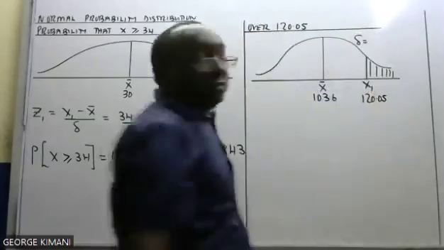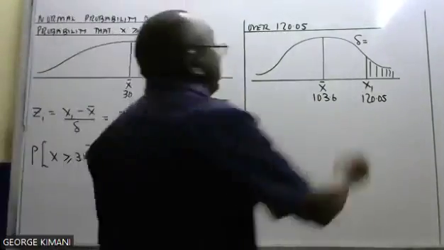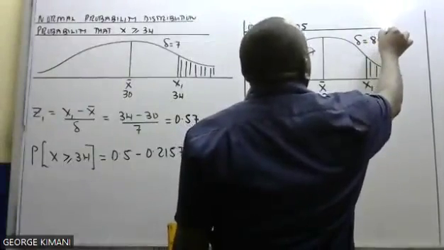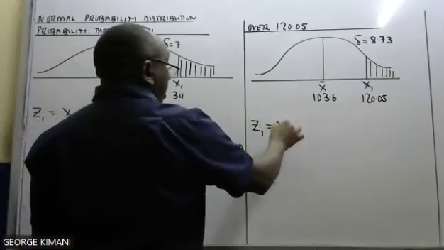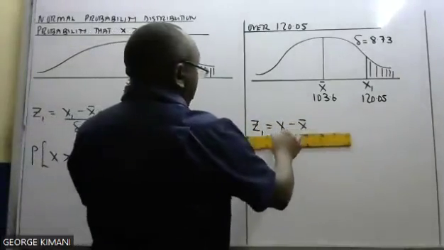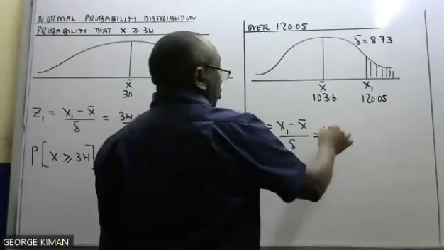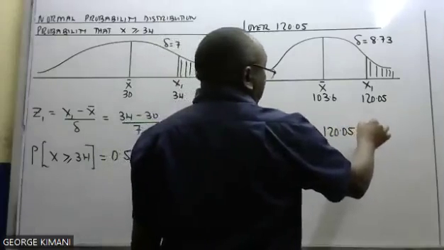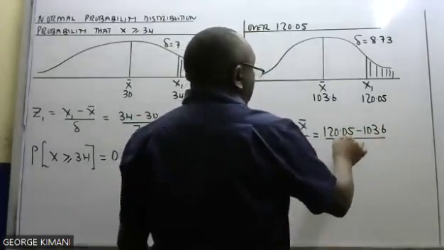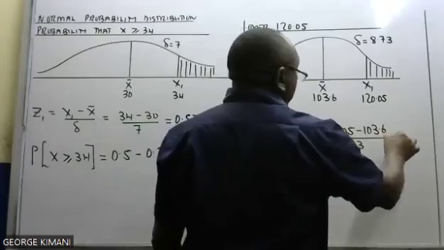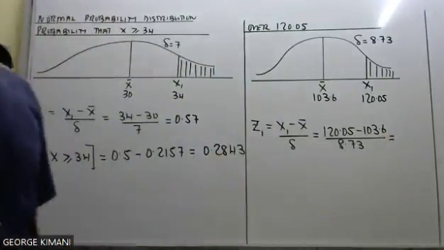And the standard deviation is 8.73. So Z1 is X1 minus X bar, you divide by standard deviation. So this is 120.05 minus 103.6, you divide by 8.73. So give me two decimals.